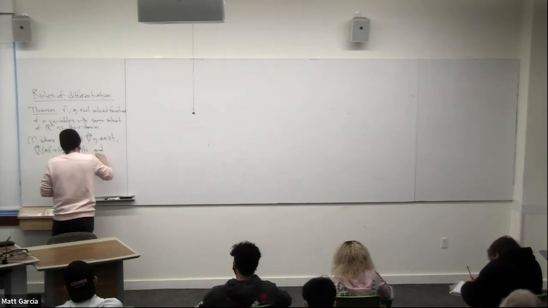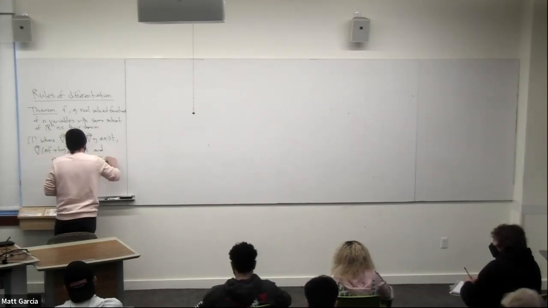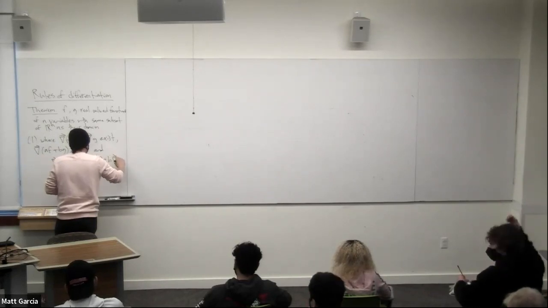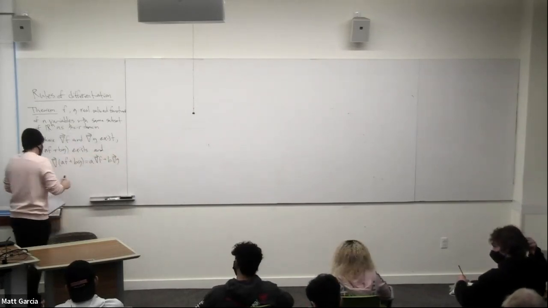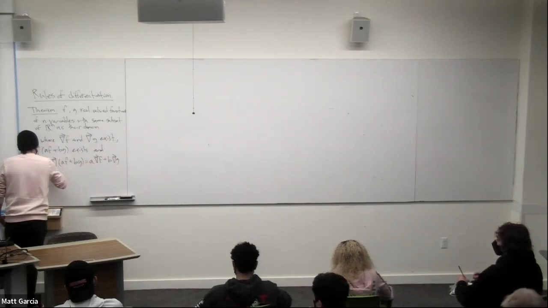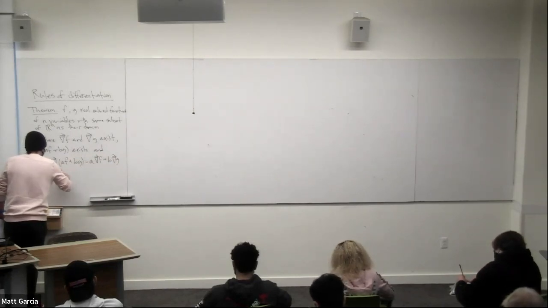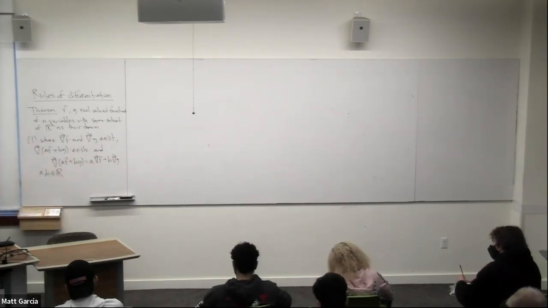A times the gradient of f plus b times the gradient of g. As you might have presumed by this point, a and b are scalars or real numbers.